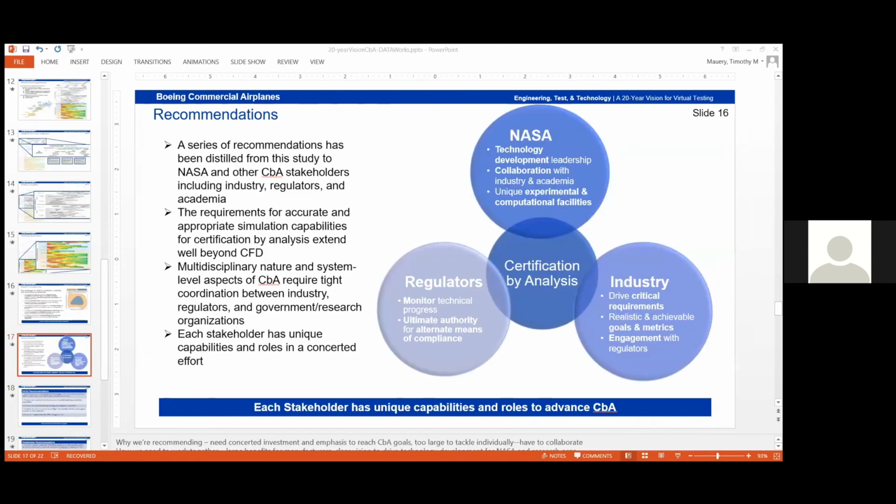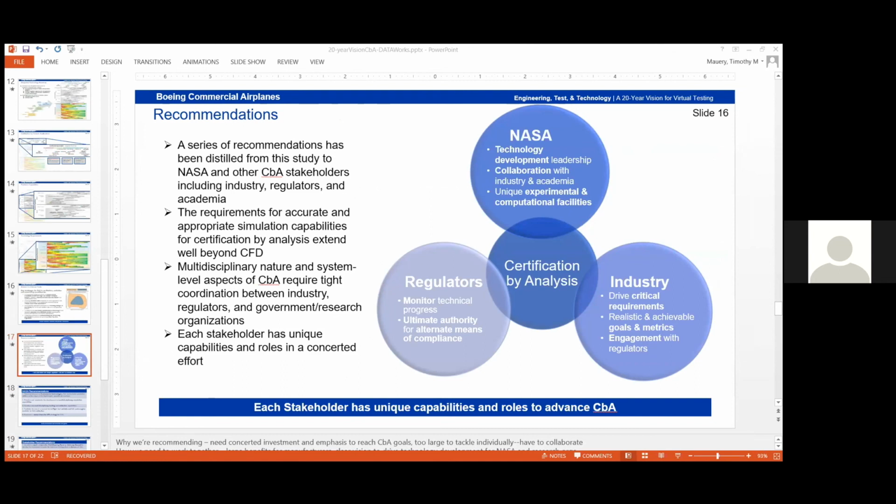So we have some recommendations, and we need the concerted investment of more than just one group to reach these analysis goals. They're too large to be tackled individually, so we'll need to collaborate.